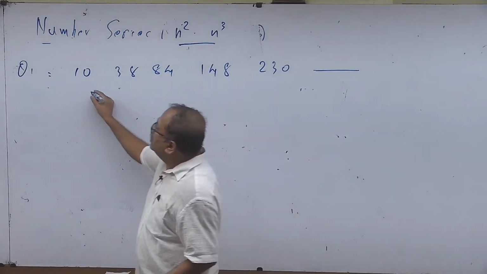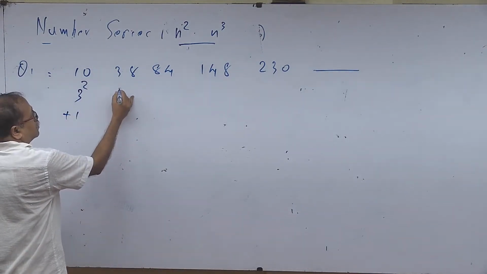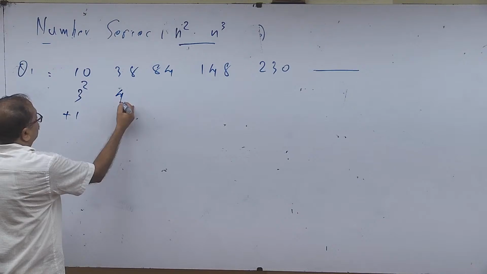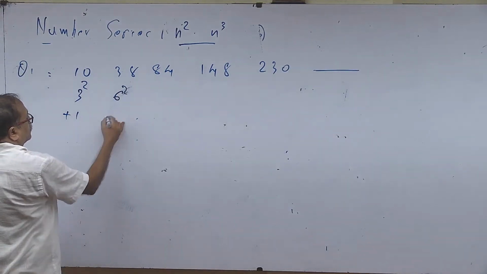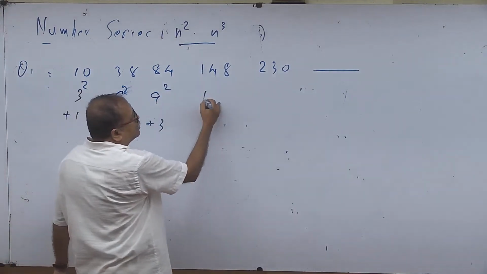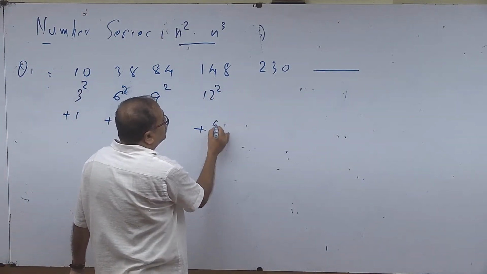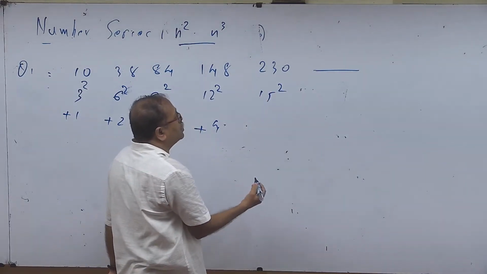In the same way, I notice that here 3 square plus 1, and then 6 square plus 2, now 9 square plus 3, and 12 square plus 4, and 15 square, that is 225 plus 5.